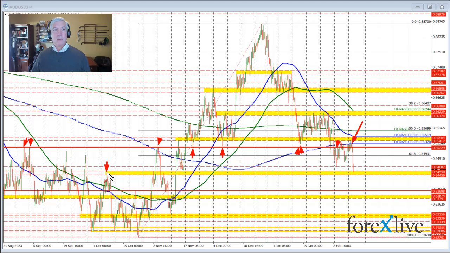We are testing this swing area where we had a number of different swing highs before breaking to the upside. We fell back below that level and used it again as resistance before moving to the downside, and then on the way back up we based against this level and then based right here before moving to the upside. So back to that swing area that took place between October and November. That area comes between 0.6444 and 0.6455. Getting below that level opens the door for further downside momentum in this pair, so be aware of that.